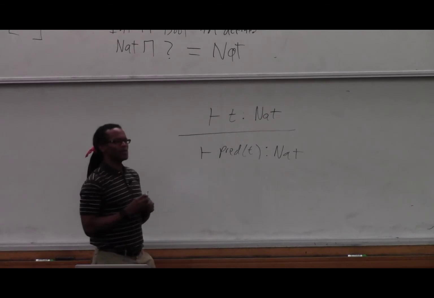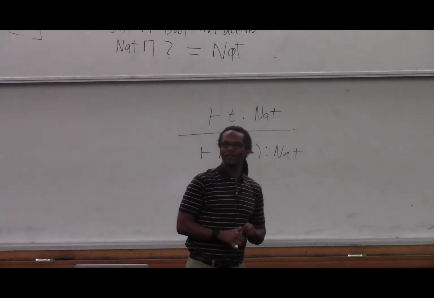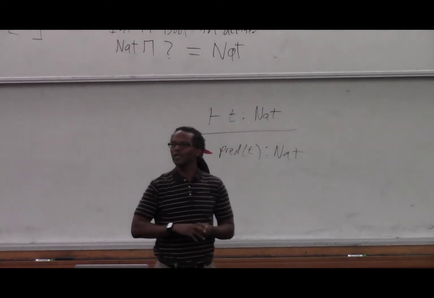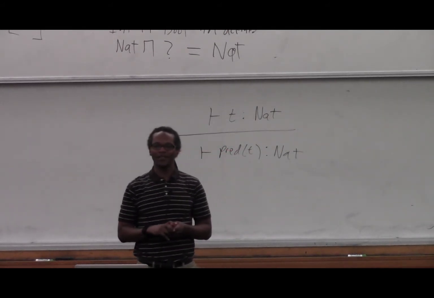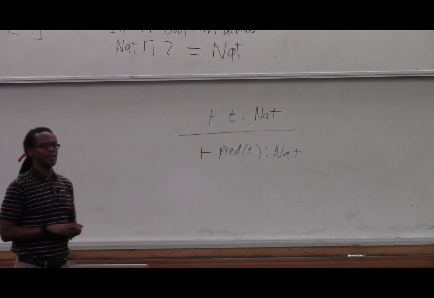And what I want you to do is see if you can gradualize that rule, using the formula that I said. So do it in two steps. First, side-conditionify it, and then gradualize it.